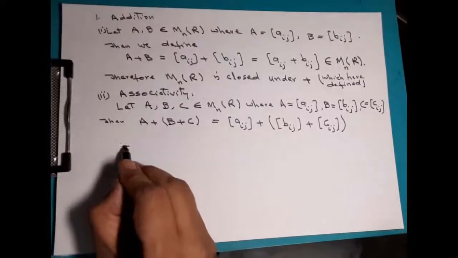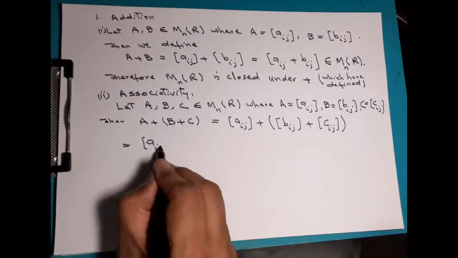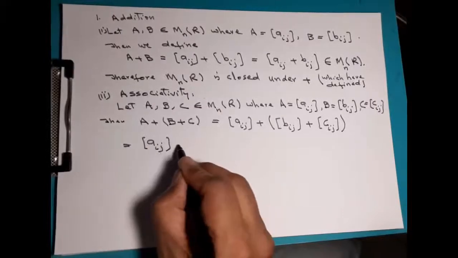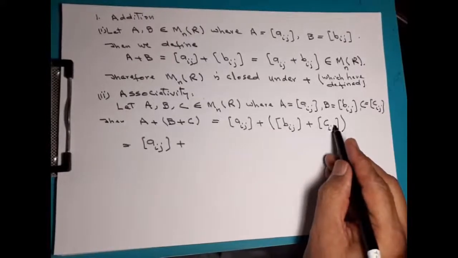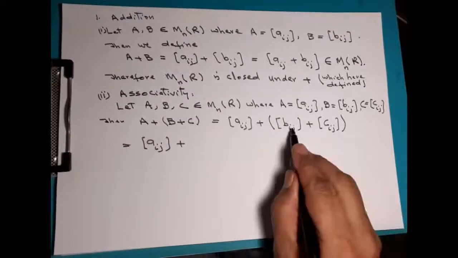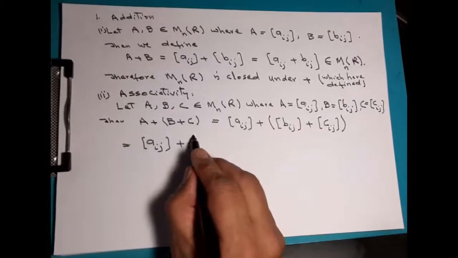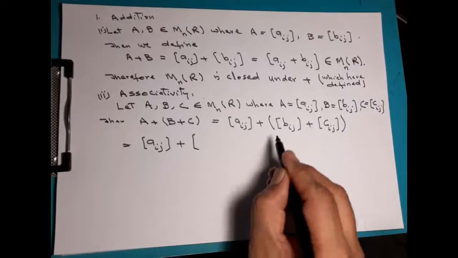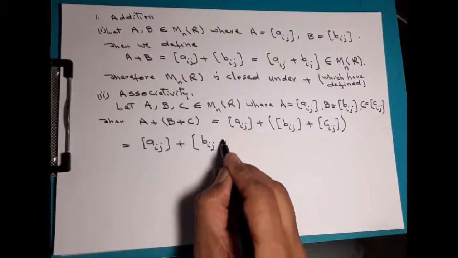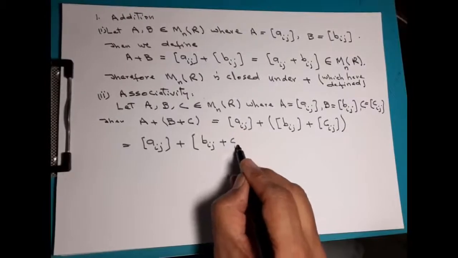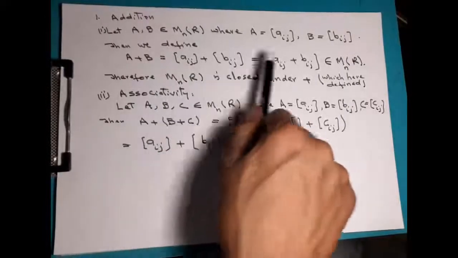And this is equal to matrix (a_ij) plus, now applying the definition of addition of two matrices, we add the corresponding entries. So the sum of these two matrices will be equal to this particular matrix (b_ij plus c_ij), by using this definition.